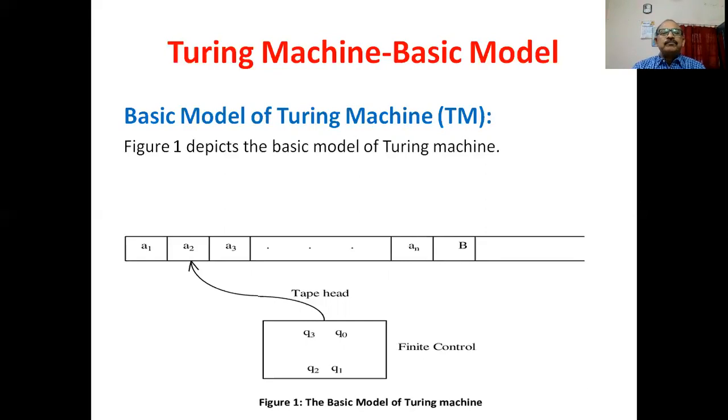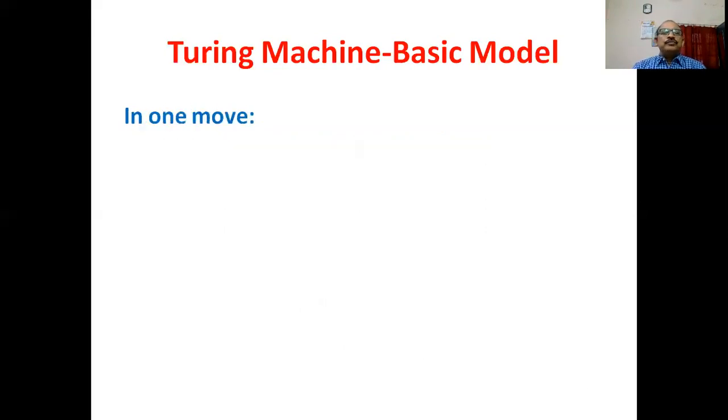Okay, in one move it reads a single symbol pointed to by the tape head. Based on this symbol read by the Turing machine, it does three things. First, it changes the state, which means the machine moves from one state to another state.